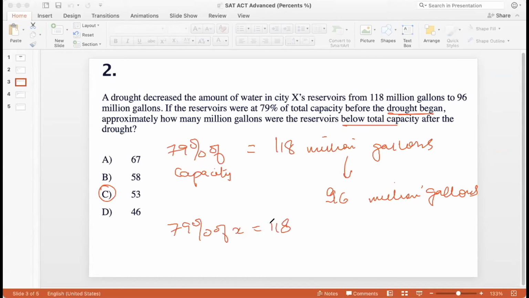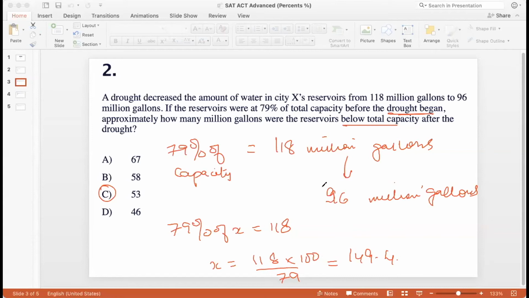So when you plug that in the calculator, X will be 118 into 100 by 79, which comes to 149.4, right? So the total capacity of the reservoir is 149.4 million gallons.